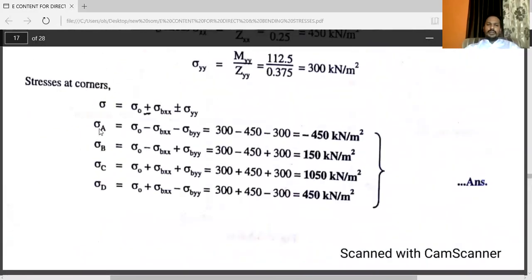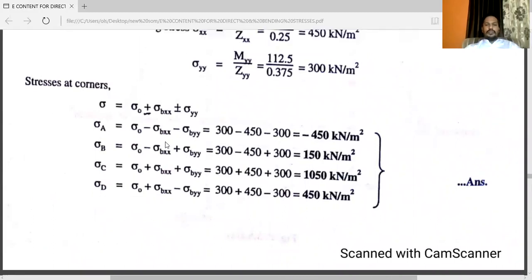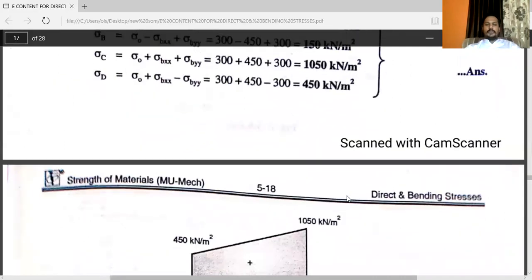Now we have the values of direct stress, bending stress at xx, and bending stress at yy. Accordingly, you can put the values and find the stresses at each and every corner. See the values: minus 450, 150, 1050 kilonewton per meter square and 450 kilonewton per meter square.